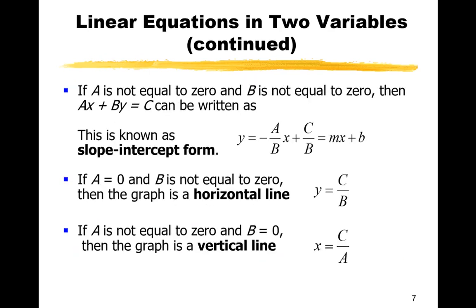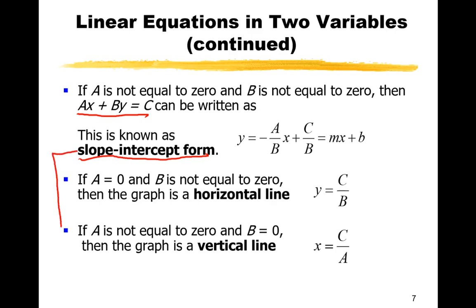So, marami tayong forms ng linear equations. Yung kanina, which is our ax plus by equals c, this is the standard form. We can also rewrite it into its slope-intercept form. The one we're familiar with, lalo na dun sa mga nakakaalala pa ng kanilang algebra, right?